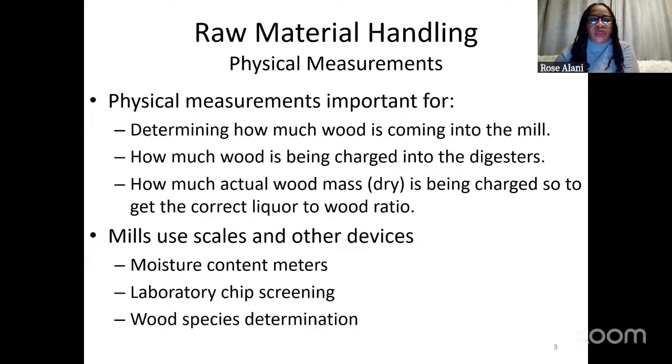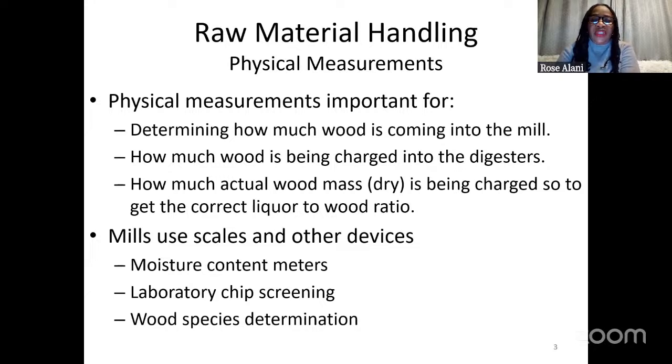So in mills, you have to use scales and other devices. And the devices that you use include moisture content meters, so you'll be able to measure the moisture content.